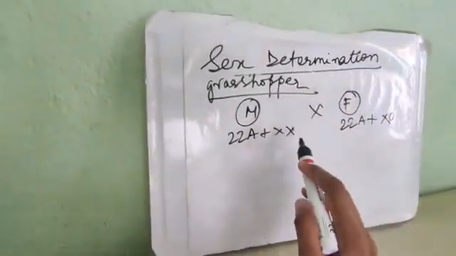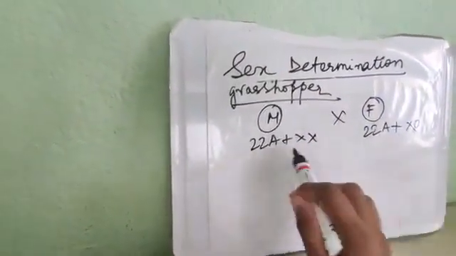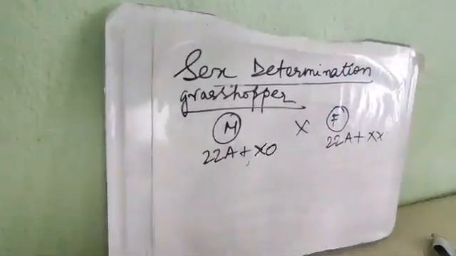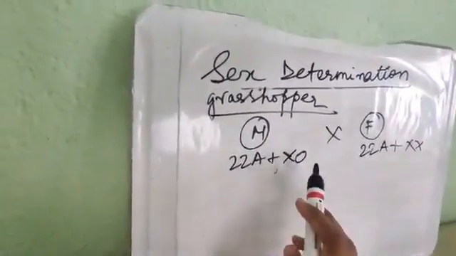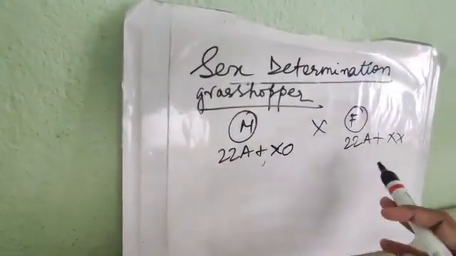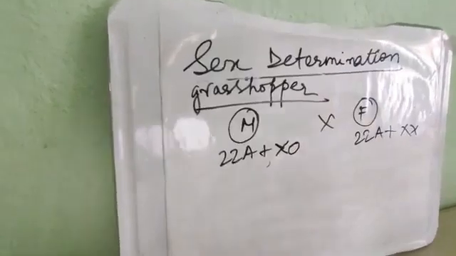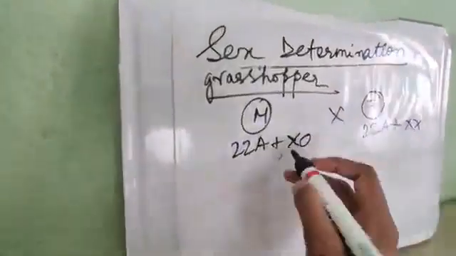In case of grasshopper, what is happening? The male has 22A+XO and the female has 22A+XX. Here X determines the female characteristics and O determines the male characteristics.